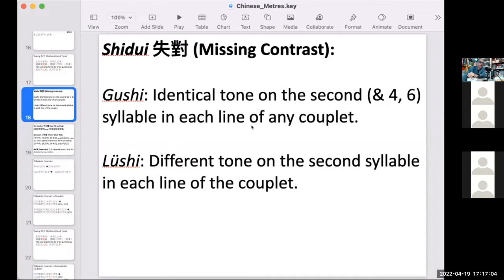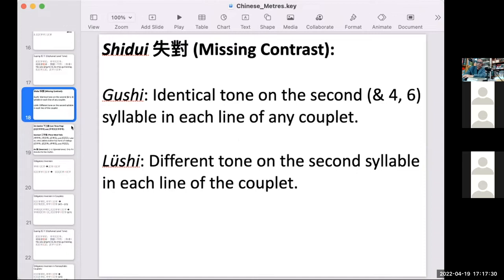It's okay if they have identical tones in each line, because as I said, tones were not so important in the ku shu. Tones became so important and central in Chinese poetry in the Tang Dynasty. So in the Tang Dynasty, there must be a different tone on the 2nd syllable in each line of the couplet.